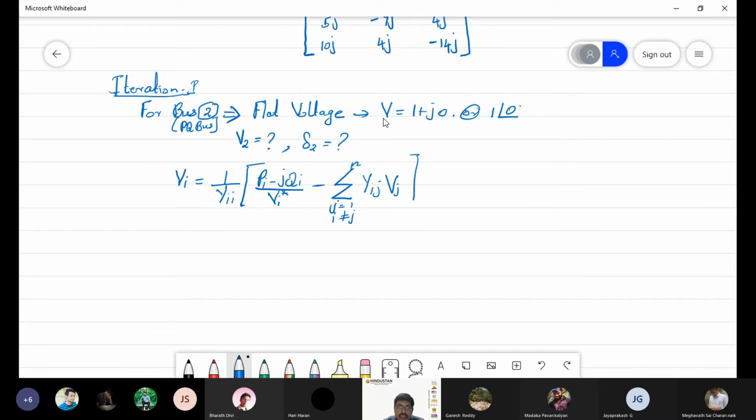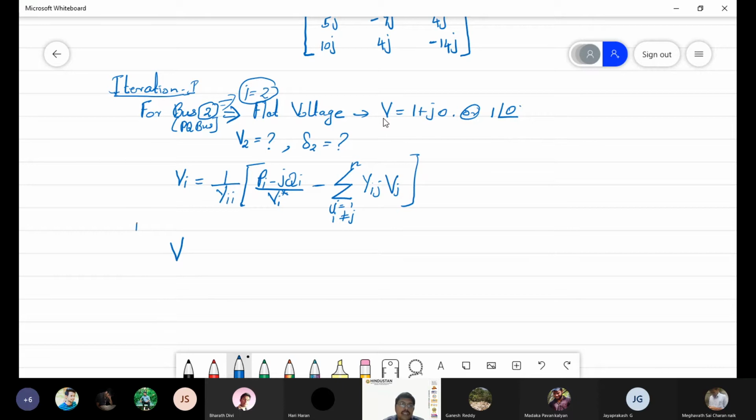So I hope you can understand. Just we can close the bracket. Well, listen, now we can expand it. So it is the first iteration, therefore I am putting V, and it is for bus 2, therefore here i is equal to 2, right? Bus 2, which implies i is equal to 2 here.